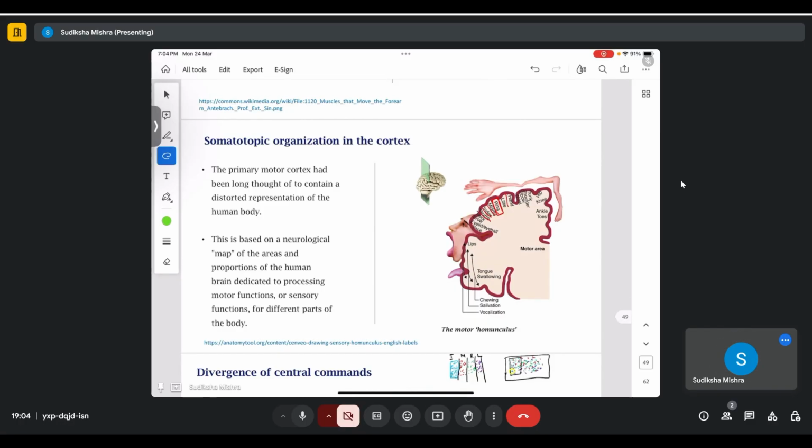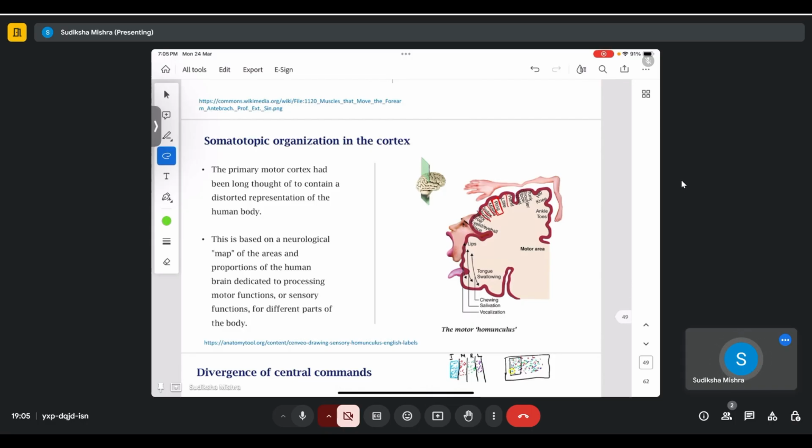One more hypothesis is the divergence of central commands. A large research area is dedicated to understanding the organization in the cortex, and which area leads to what kind of movement.